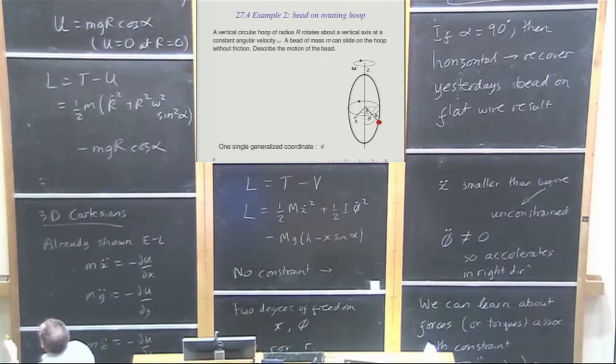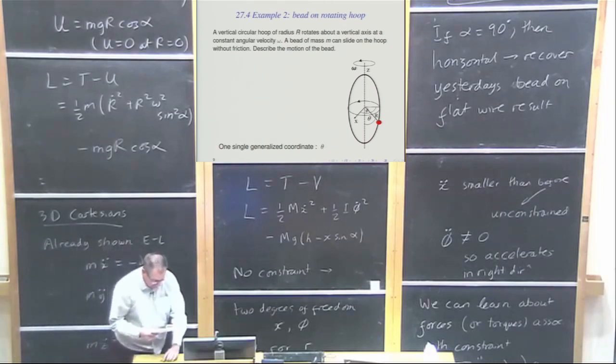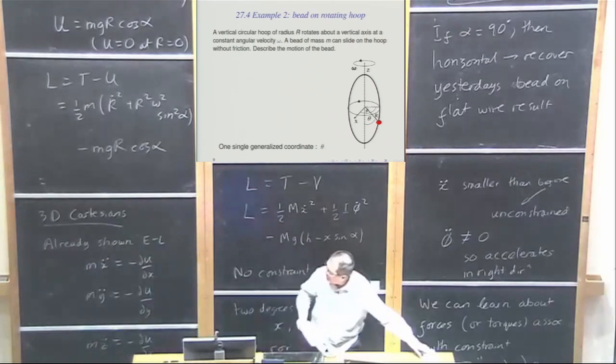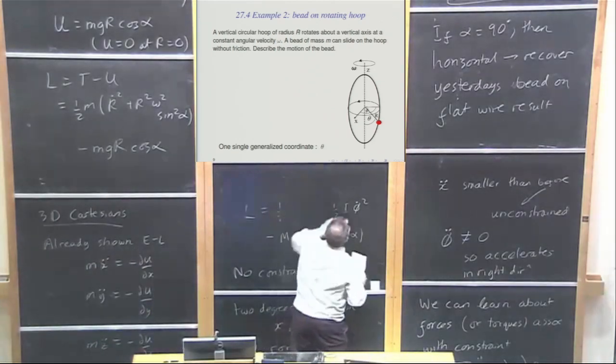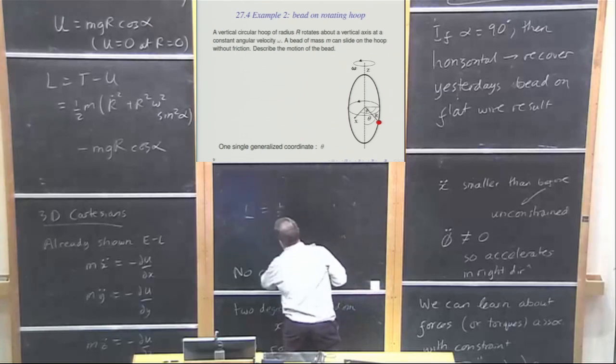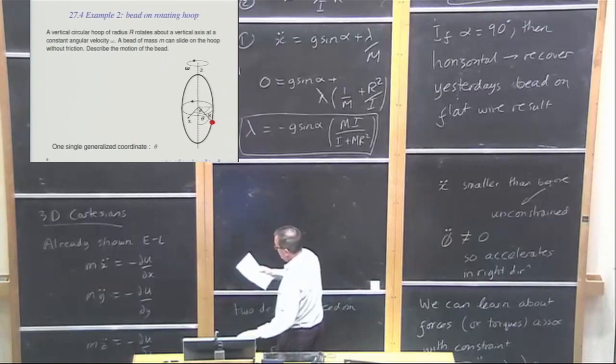The bead can go up and down the hoop. Initially, we're going to say again that the angular velocity omega is constant, so phi dot is constant. So once more, this will give us a single generalized coordinate, which in this case is theta. Okay, so let us write down the Lagrangian here.